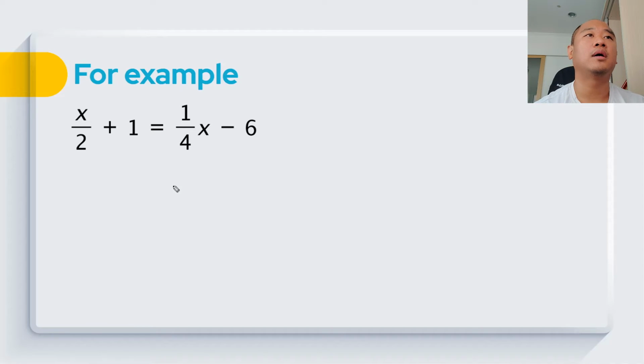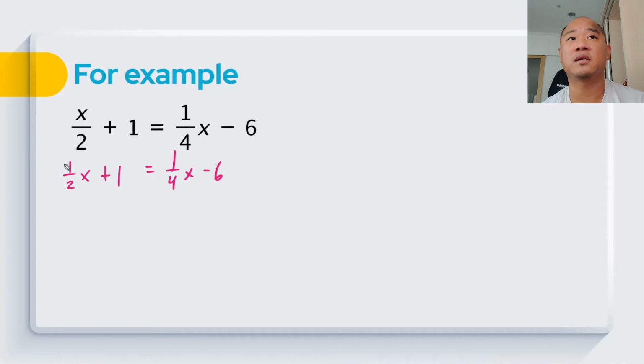So what I would do is look at this as basically 1/2 x plus 1 equals 1/4 x minus 6, because that's what this basically means. This is basically a substitution here. And then I would subtract 1/4 x on both sides.